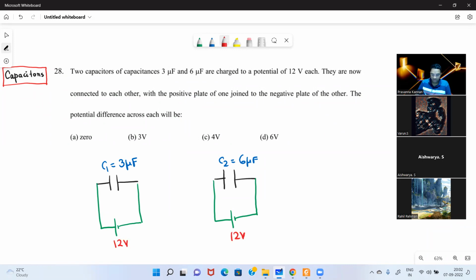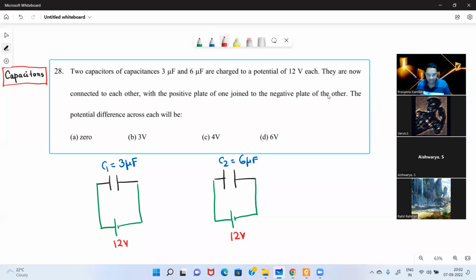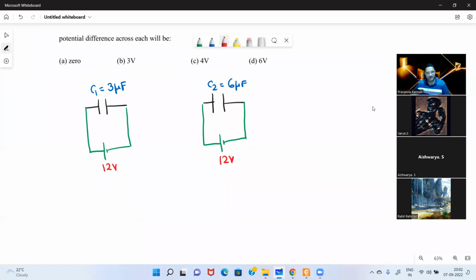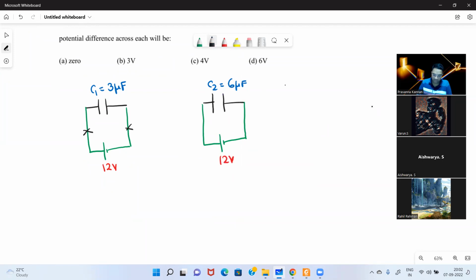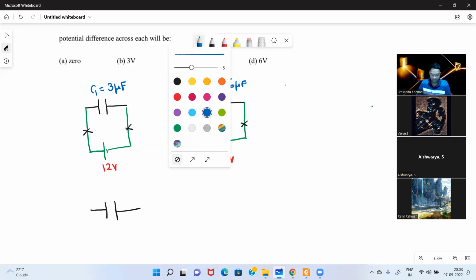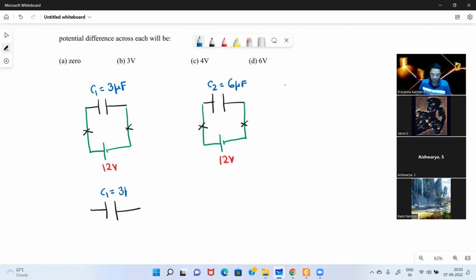So they were charged up to 12 volts, separately. Then after that, the battery is removed. So you are simply having a capacitor. What is the capacitance? 3 microfarad. And in the other case, 6 microfarad.